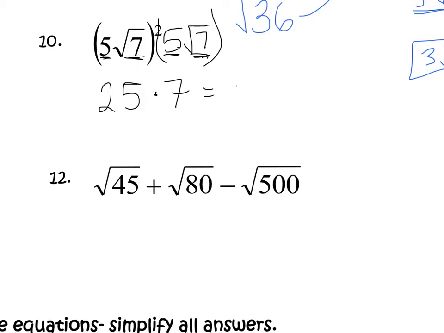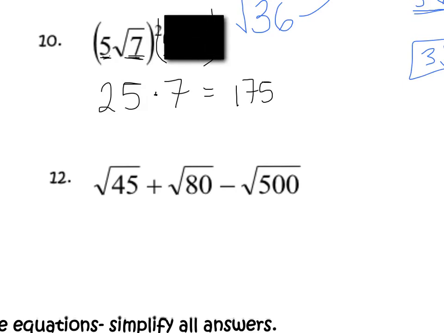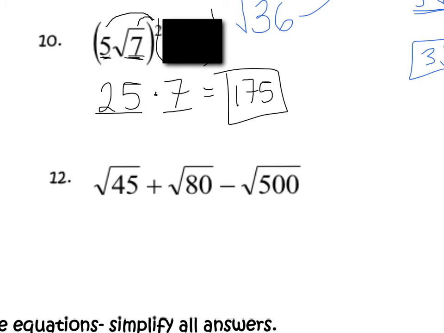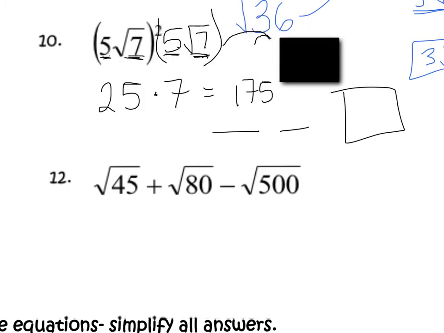So, it's 175. You could also think about it like this. I'm going to cover up our work that we did there. If you have 5 square roots of 7 squared, you could give the squared to the 5 and give the squared to the 7. That is also an option, and you'll still get that 25 and the 7. So, those are your two options for that.